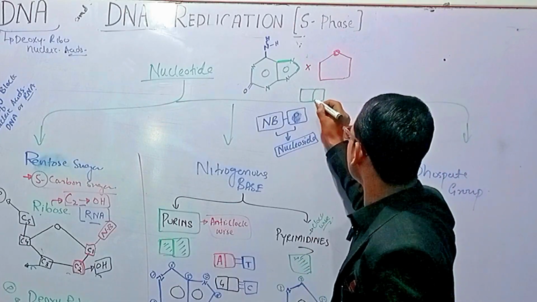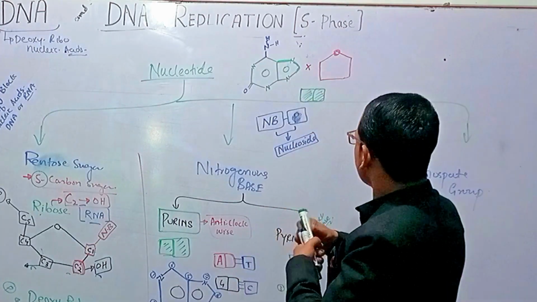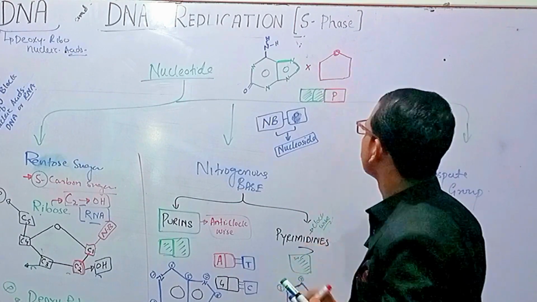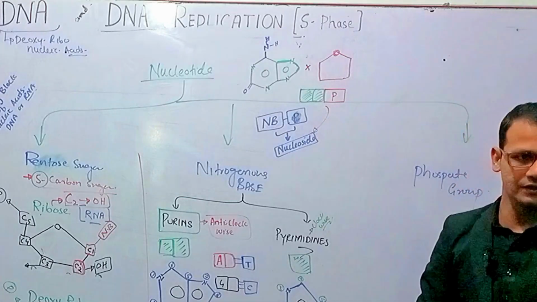These two rings are adenine, and this red part is the pentose sugar. Both collectively form a nucleoside, right?